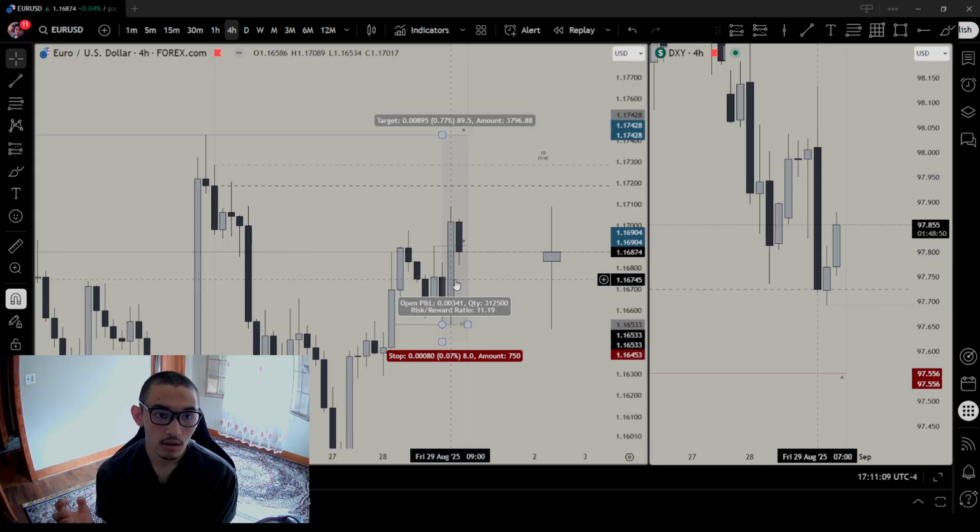So one trade will make you pass phase 1, one trade will make you pass phase 2. Even if you lose in those trades in the challenge accounts, you're still going to pass with one trade. You know why? Because you have a lot of RR, a lot of risk to reward ratio, because you're trading short term.